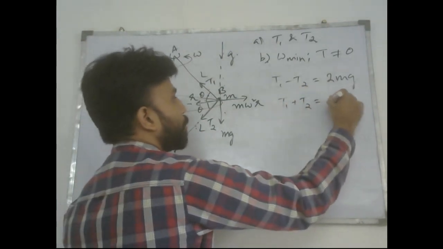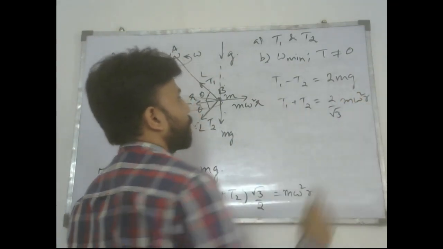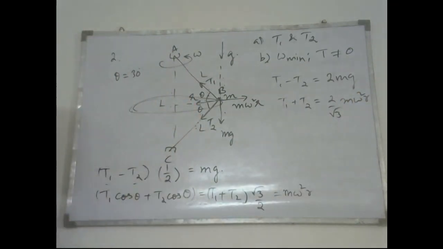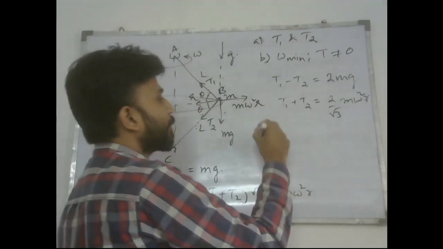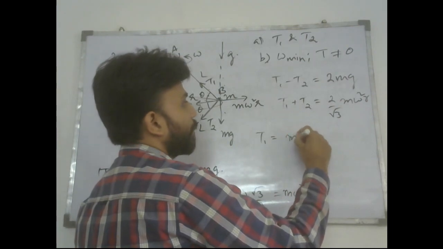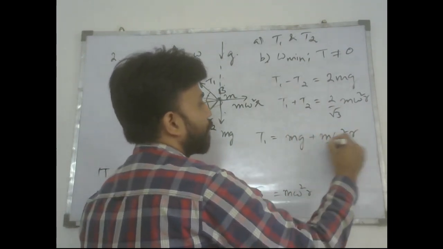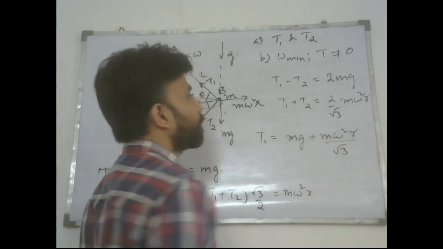is equal to 2 by root 3 times m omega square r, or whatever the value of r is, we can substitute that. So after adding T1 and T2, we would get the value of T1 as mg plus m omega square r divided by root 3.